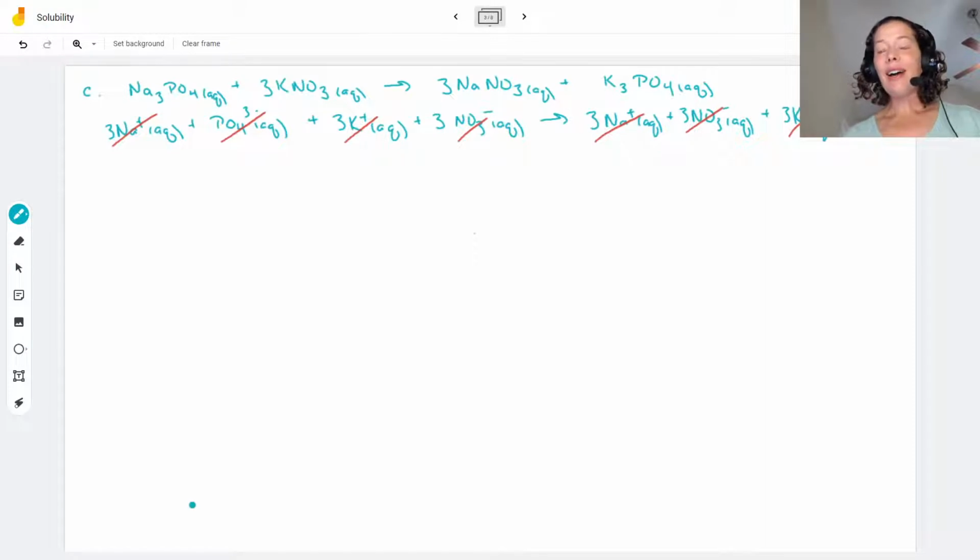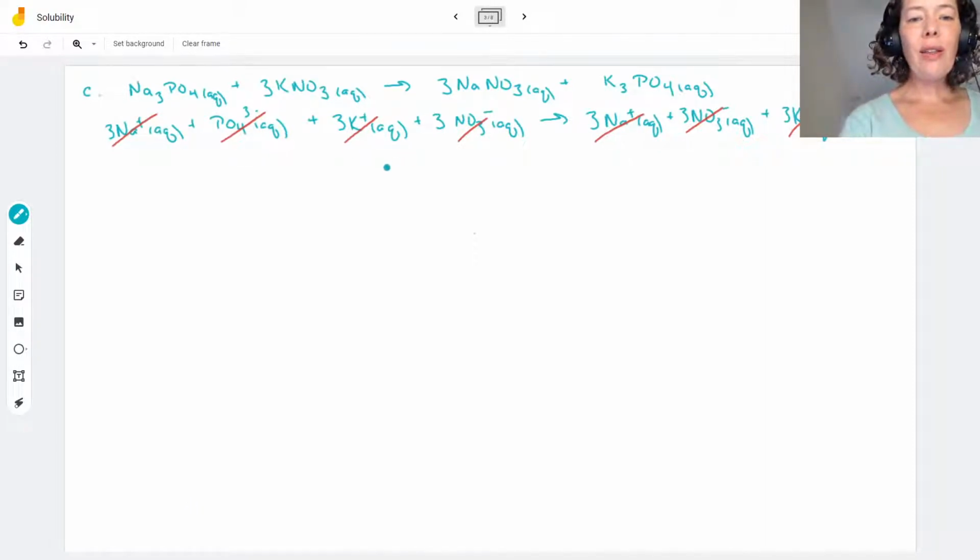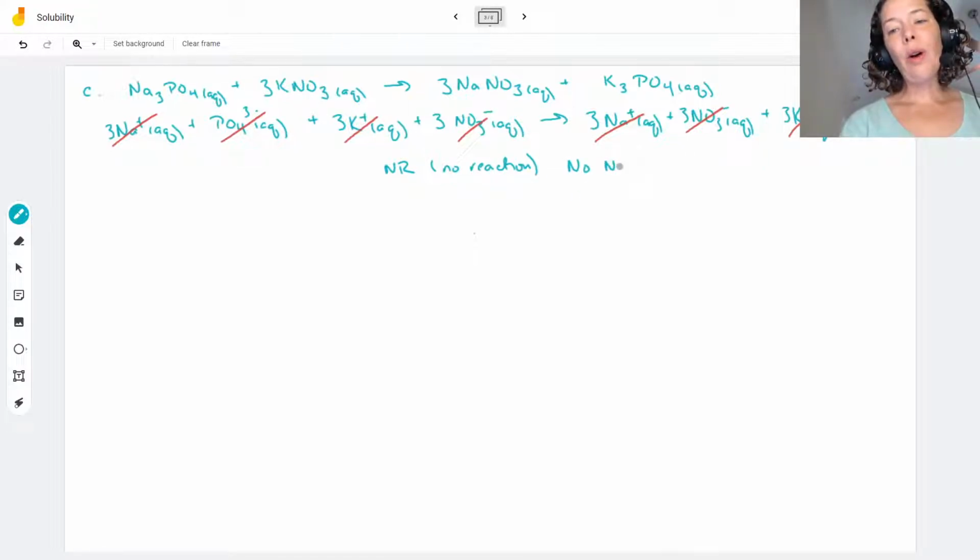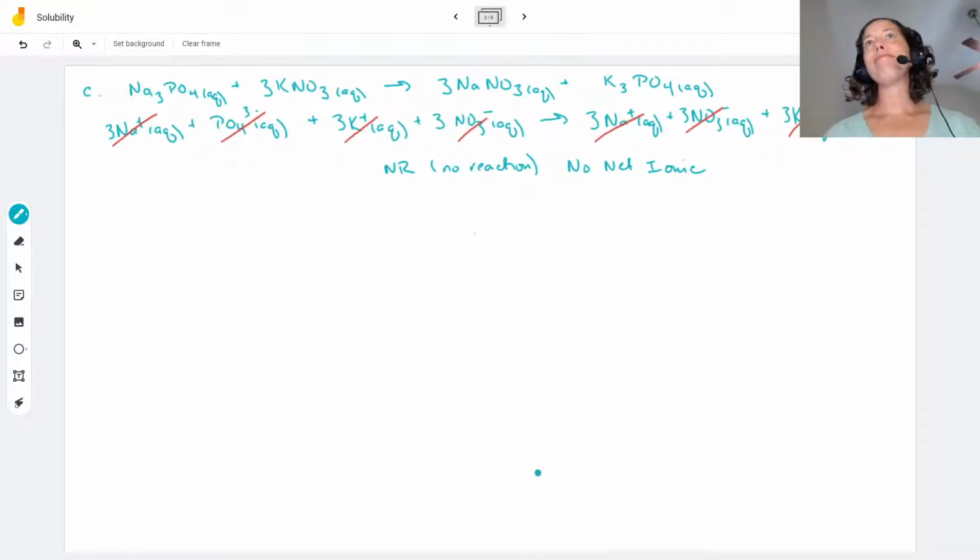Well, usually you write either NR for no reaction. This means no reaction. Or you can even say no net ionic. Again, it depends on if you're doing this for a homework or a test, what your professor or what your teacher wants you to do.